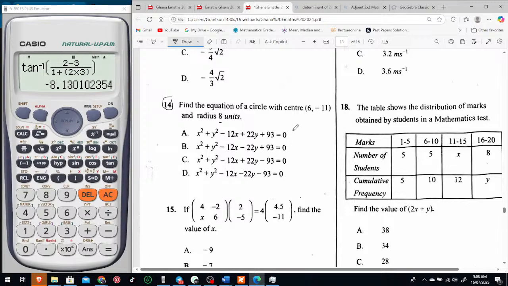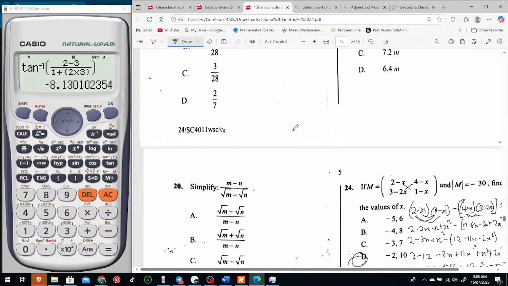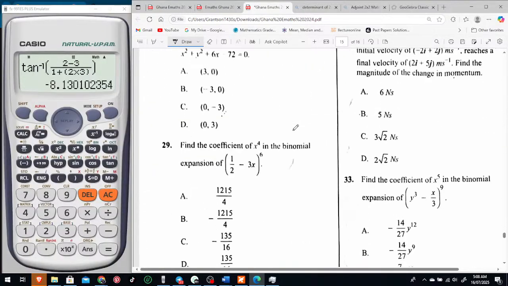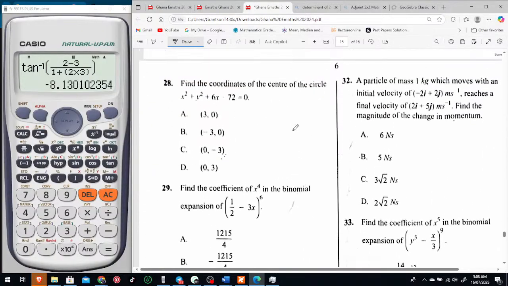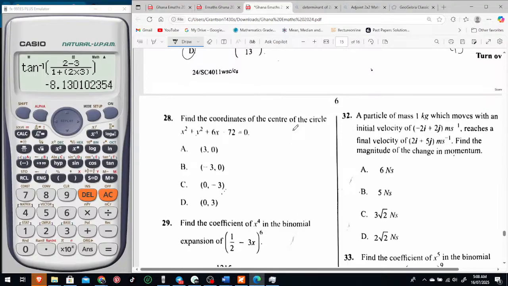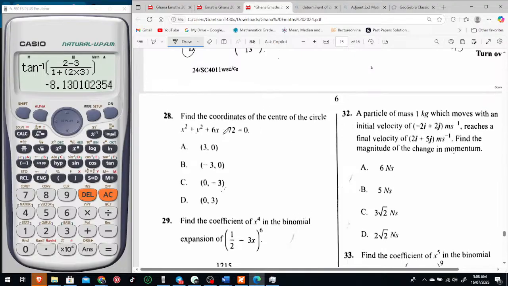I forgot. When you substitute it into it, you have to get this thing. I can see the question, but whether it's minus or plus, you have to know.